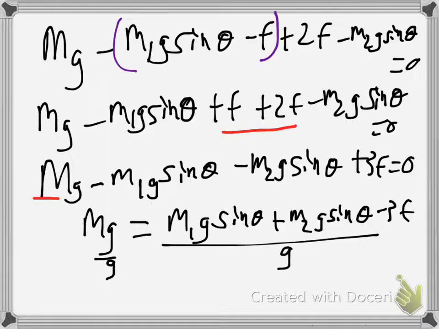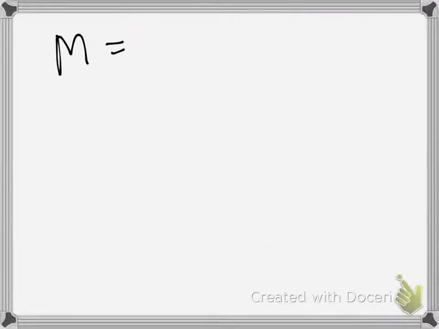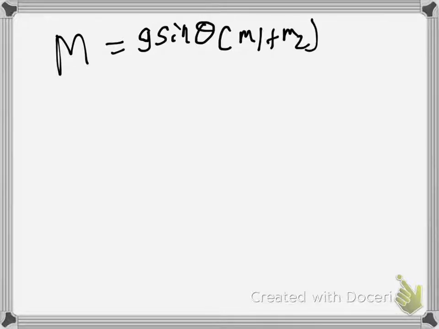Okay, so we get M is equal to, and I'm going to pull out G sine theta because it looks really tacky. M1 plus M2 minus 3F.